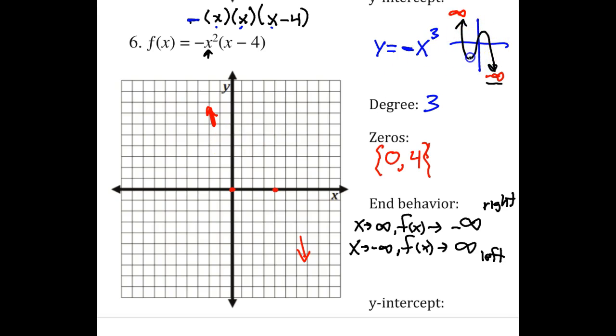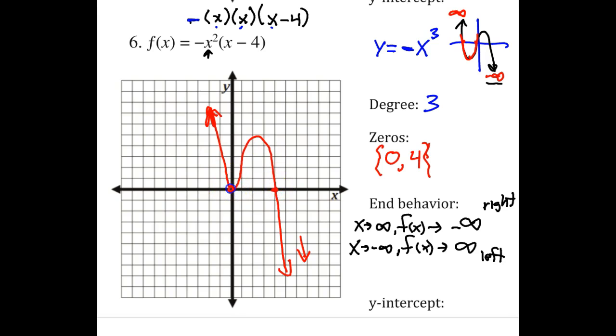So instead of going through and making 2 roots, we're just going to go down here and bounce right off and come right up and then back down. That's how we can still have the general shape of a cubic function and only have 2 roots instead of 3.